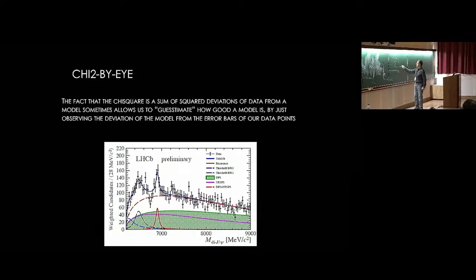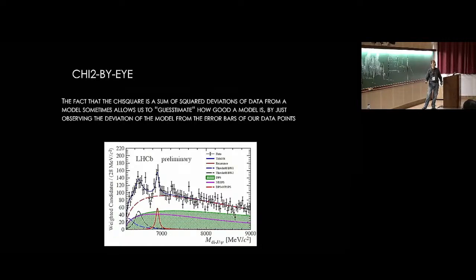And for n degrees of freedom, it will have a mean equal to n. But then you will find a certain value of your chi-squared from your data. And what do you do with it? You are frequentists. So what do you ask if you want a p-value?